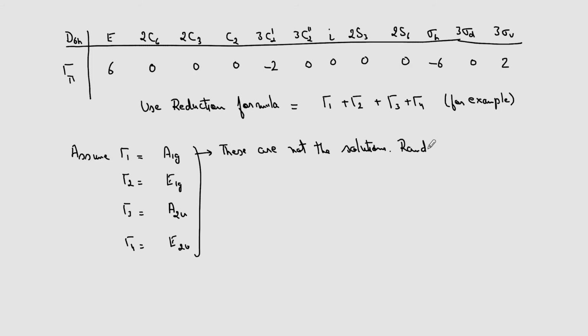Random IR representations. Okay, so these solutions you must find out in the home assignment. So I'm not going to tell you whether these are correct solutions or not. These are not correct. I can just tell you that the whole set may not be correct. Some of them may be correct, some of them may not be correct.